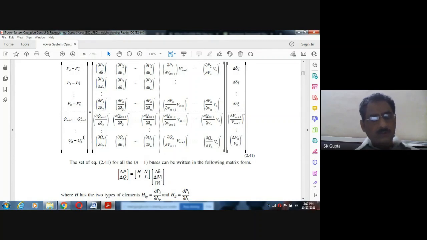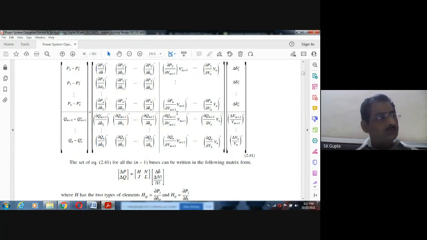These are the estimated ones, the calculated values after putting in the estimated values. And this is the Jacobian matrix, and this is the error in angles, delta, and the error in voltages. This can be calculated by taking the inverse of the Jacobian and multiplying it here. We get the error. Then this correction is added to the estimated value. We get the first iterated value, and this goes on being repeated.